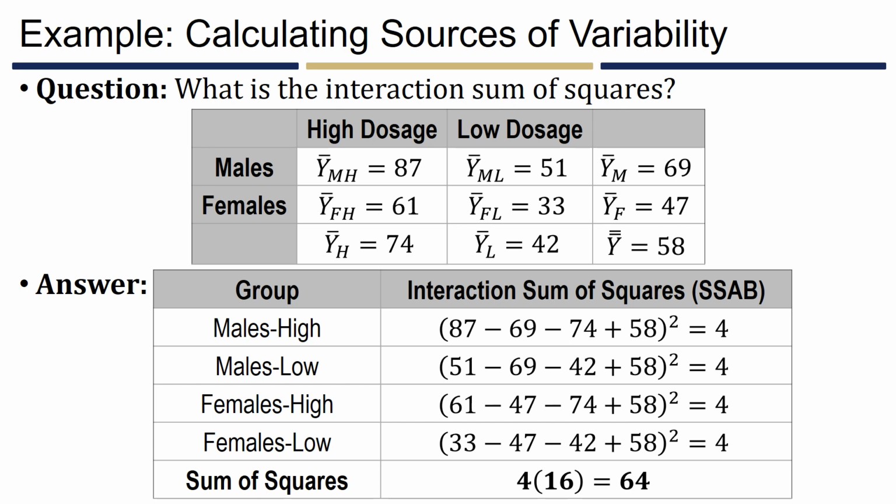The SSAB is then calculated by taking the number of observations per cell, which is 4, and multiplying that by the sum of each of the individual contributions from our 4 different groups. 4 plus 4 plus 4 plus 4 gives us 16, so our interaction sum of squares, 4 times 16, is 64.